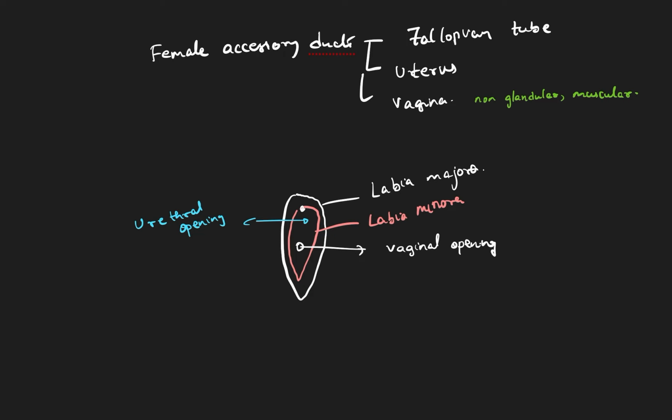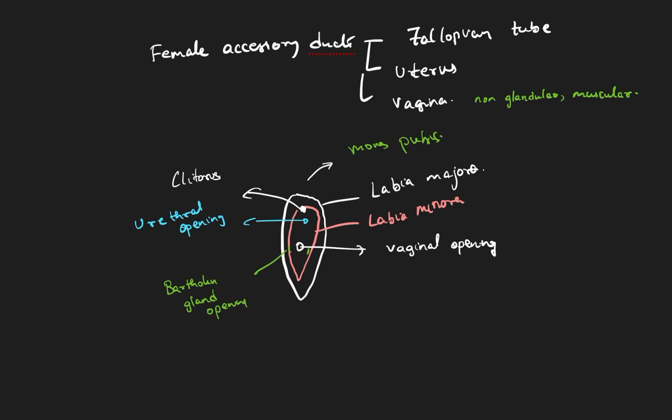And above this is present the clitoris. And this side is known as mons pubis. Here there is the Bartholin gland opening.